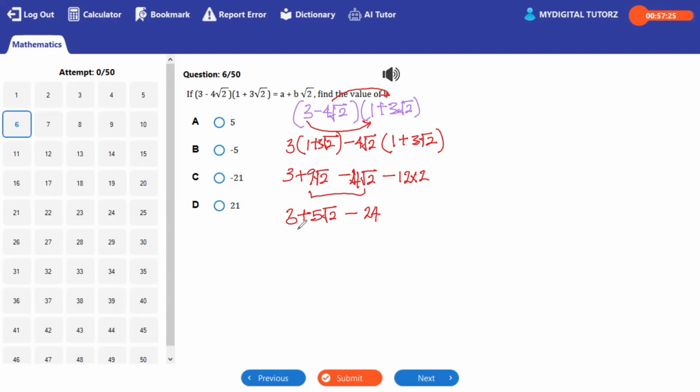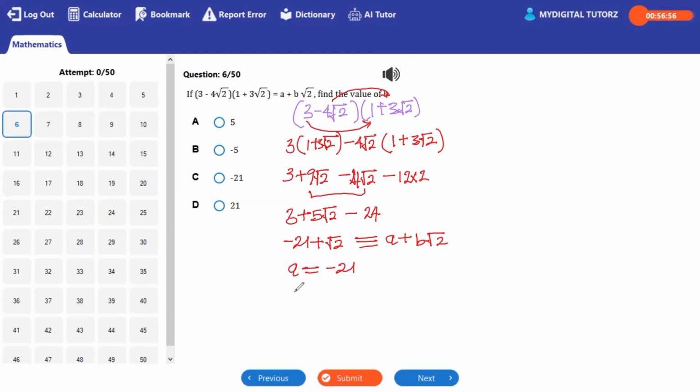So the next thing is, this is 3, this is minus 24. So 3 minus 24 gives us minus 21 plus 5 root 2. So if you equate this to a plus b root 2, a is equal to what?